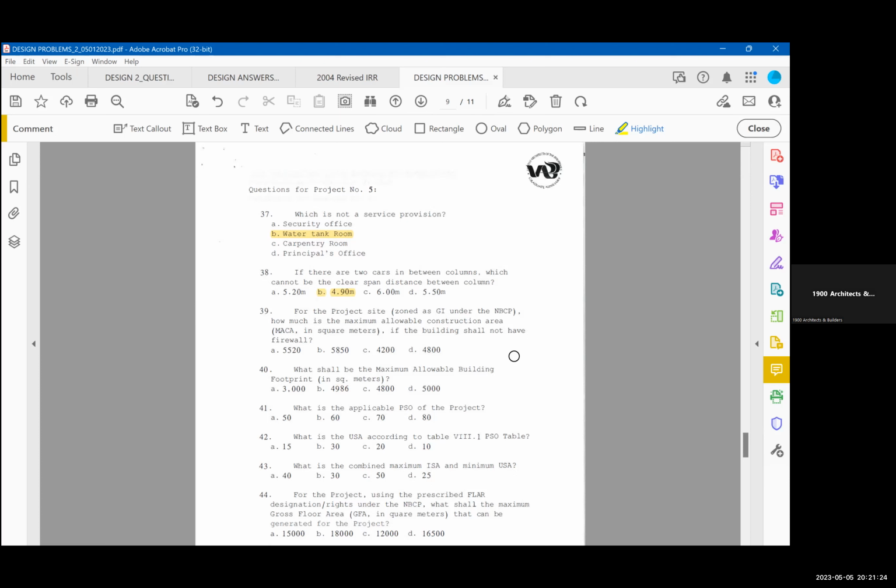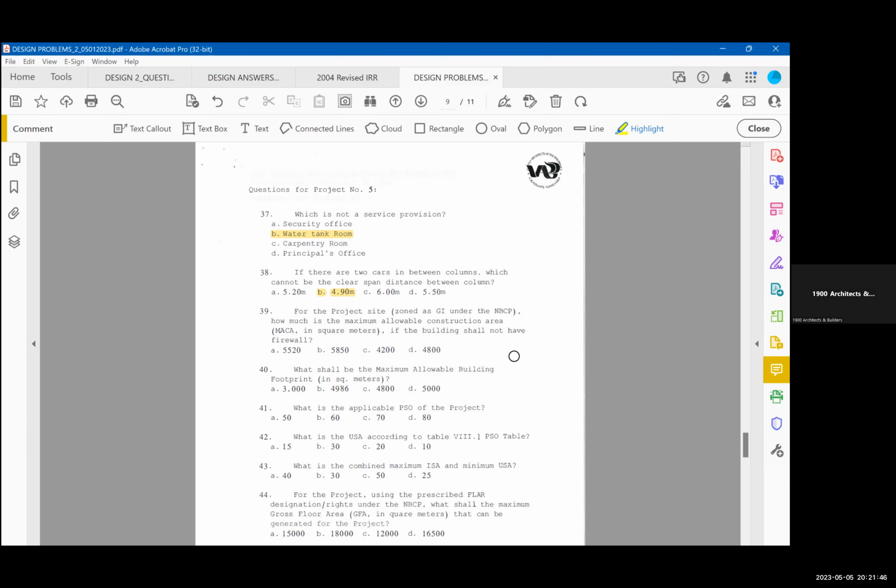Nandiyan yan. So makukuha natin, as long as meron kaming information, makukuha mo yung PSO. So makukuha natin yung maximum allowable building footprint. So the answer here will be the P or GI.